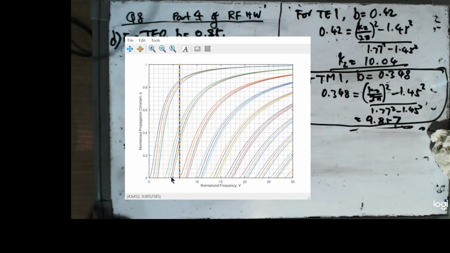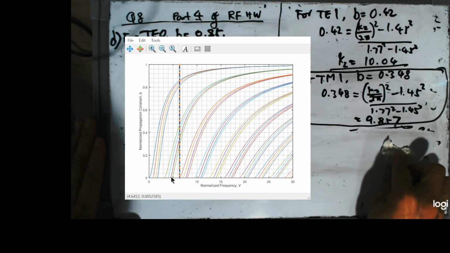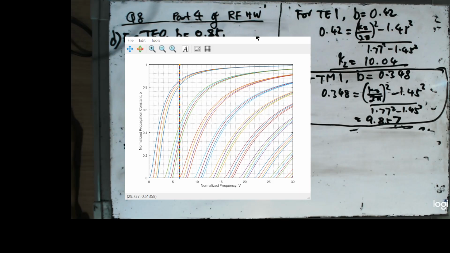So from the graph, I am going to switch you back to the Rayburn mode. So remember, you look for the mode for TM1. TM1 is this dark red one. And from what I can get is 4.43. So let's check the value.